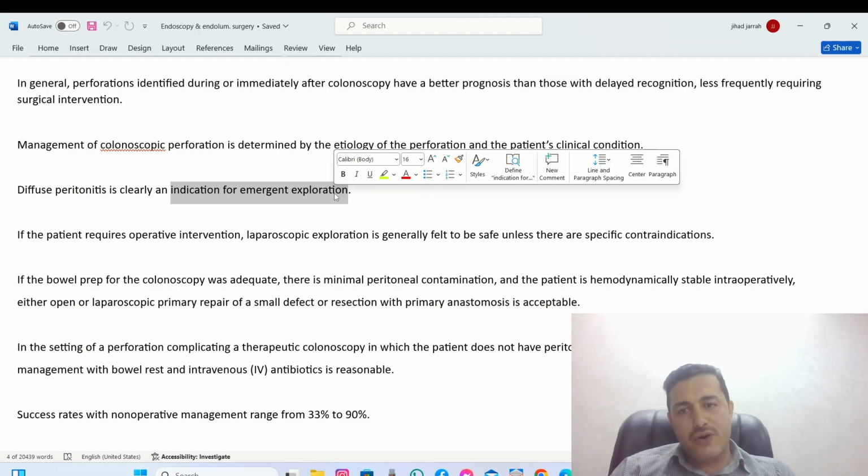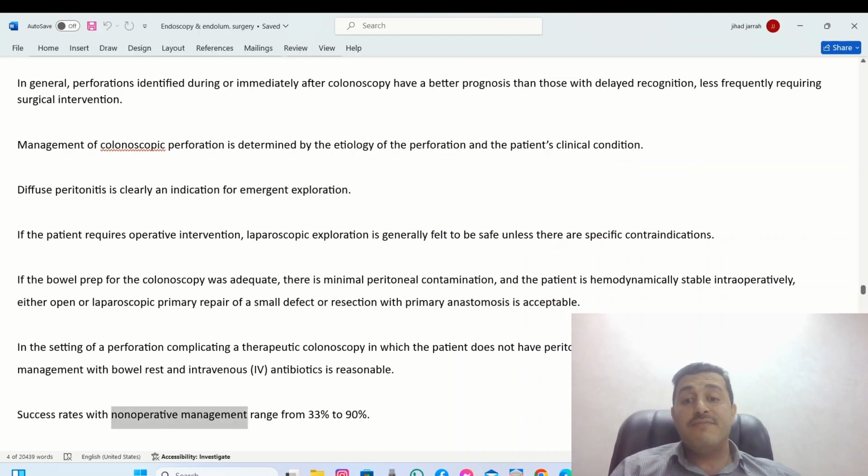If we are going to surgery, it's preferred to proceed with a laparoscopic approach, unless it's contraindicated. Especially in those who present early or are detected immediately, and we have good bowel preparation with less contamination and patient stability, we can proceed to non-operative management by using antibiotics and keeping the patient nil by mouth.